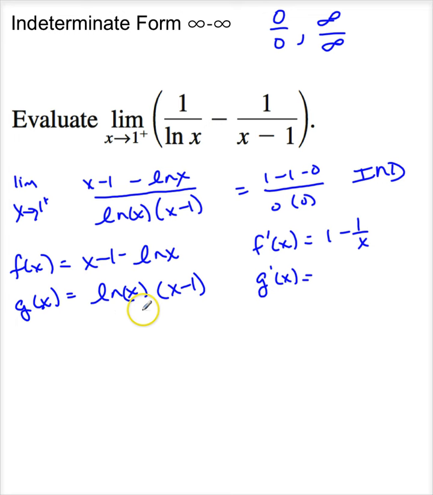So this one's going to get just a little bit messy, but that's all right. So this becomes, the derivative of log is 1 over x, okay, plus this derivative is just 1, so it'll be plus log of x.